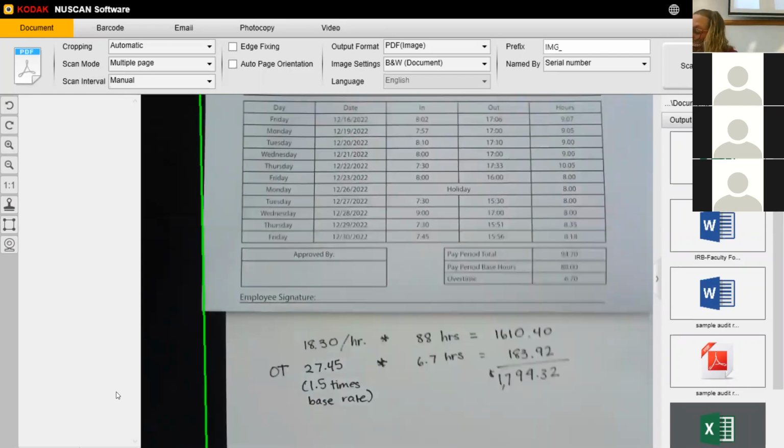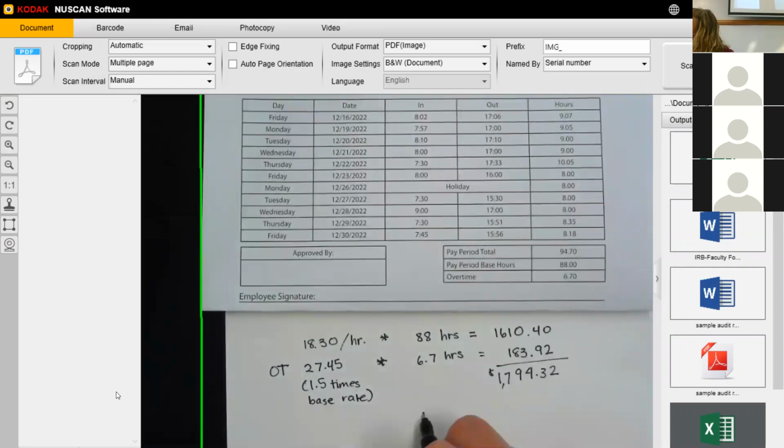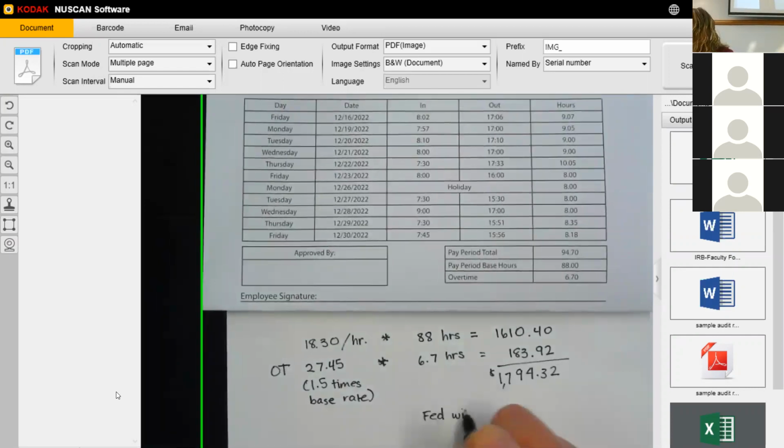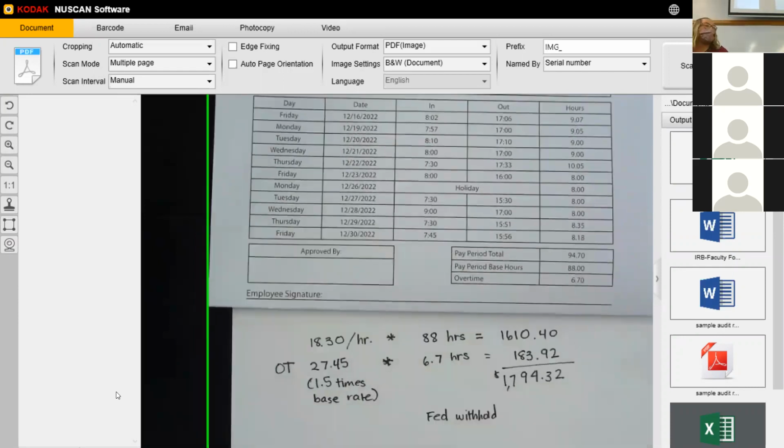So we're told that her federal withholding is $78.